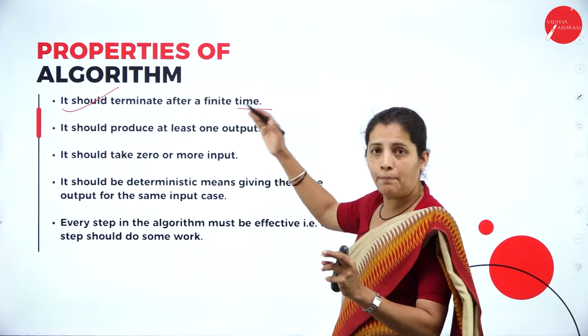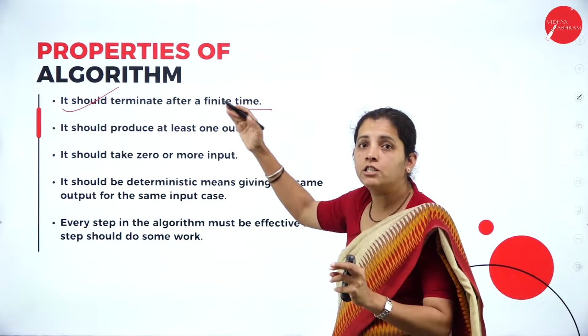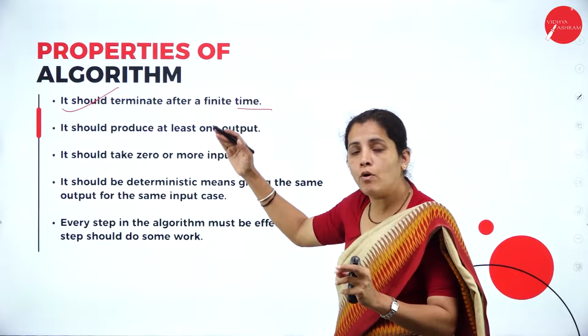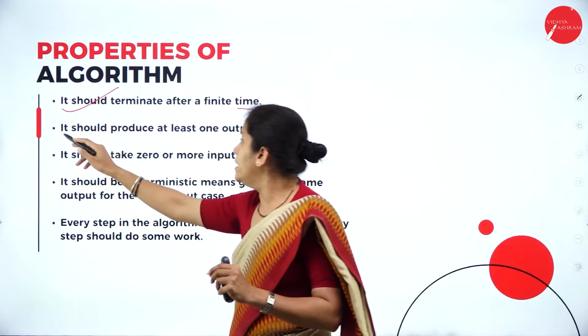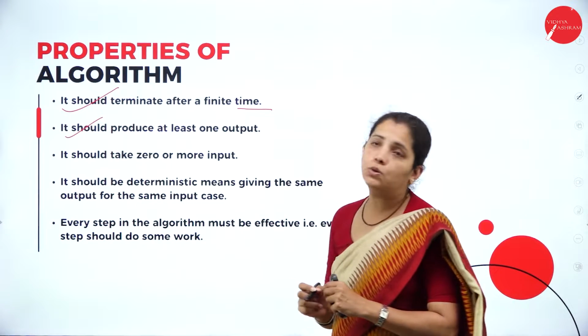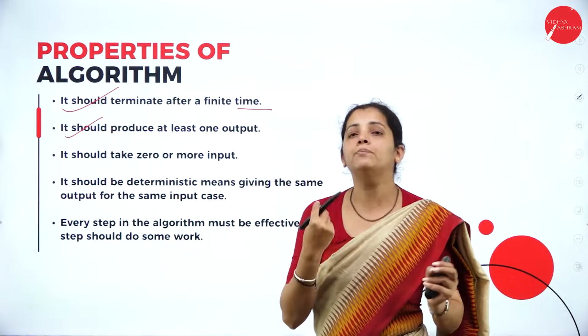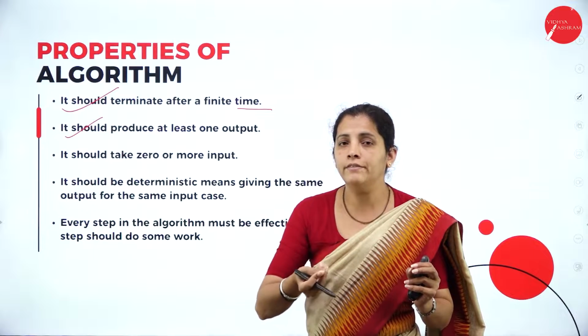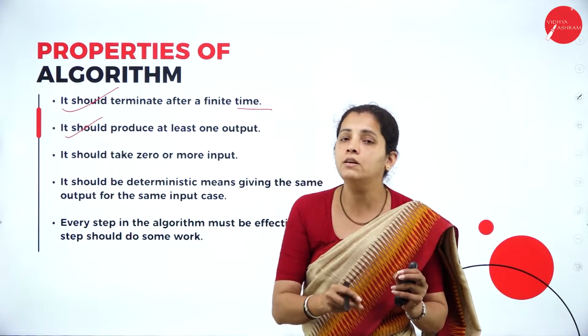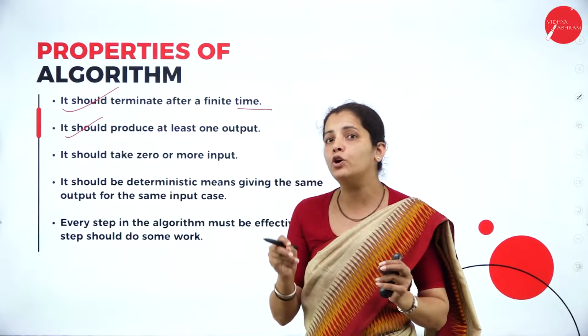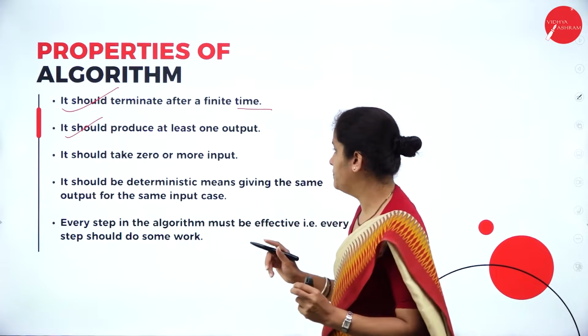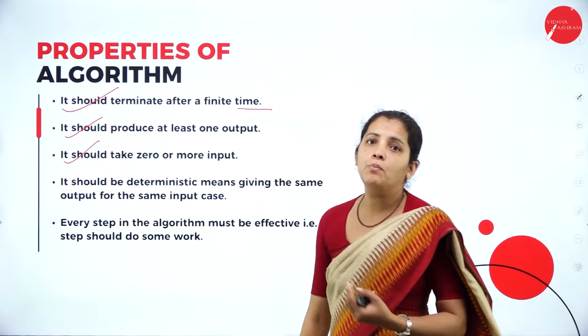So after completing this many steps, I want to exit. It should produce at least one output. Whatever input I give, the algorithm must be able to produce one output. It should take 0 or more inputs.